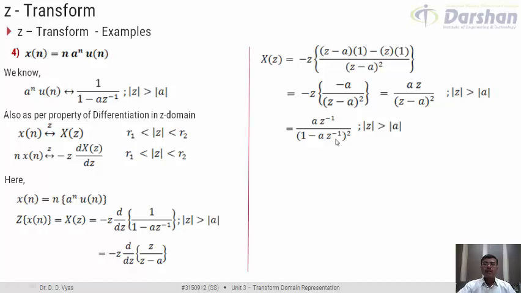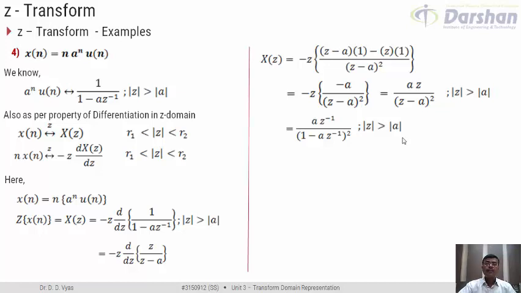So I would get (1 minus az inverse) whole square, and that z square and z would cancel one another, leaving z raised to the power minus 1 in the numerator. So in terms of negative powers of z, I can write this as az inverse upon (1 minus az inverse) whole square, mod z greater than mod a.